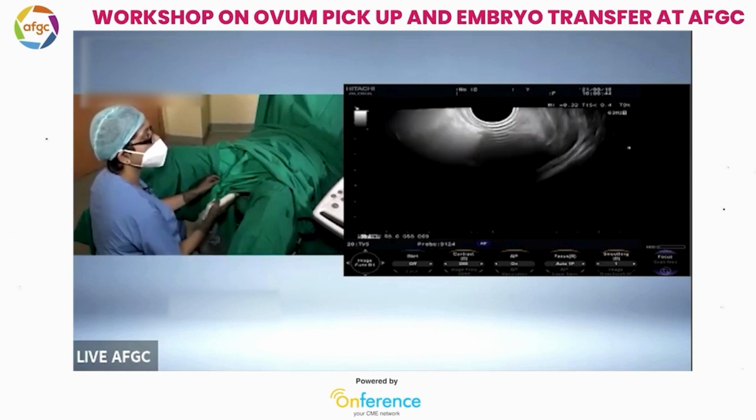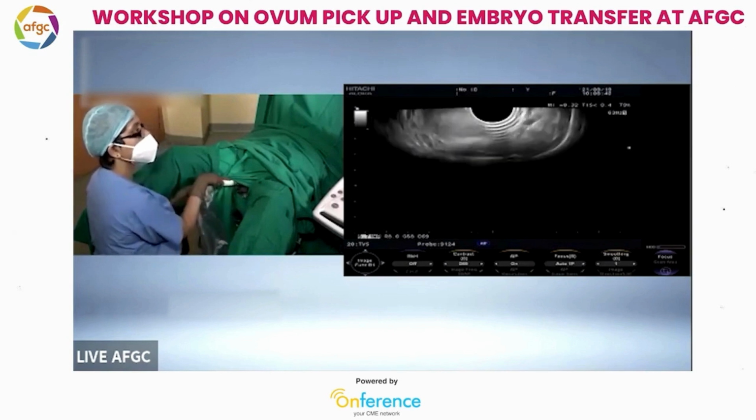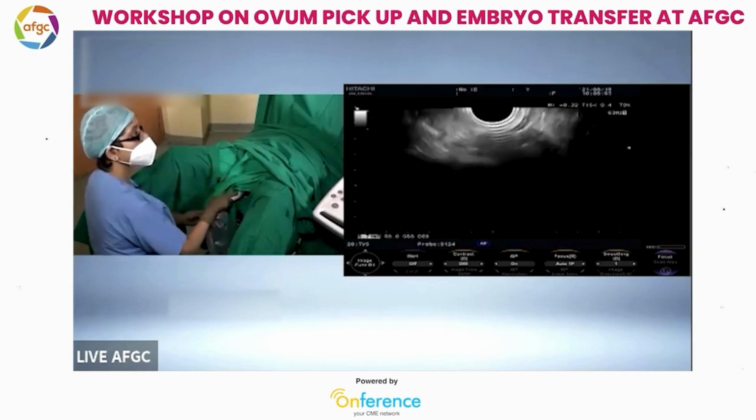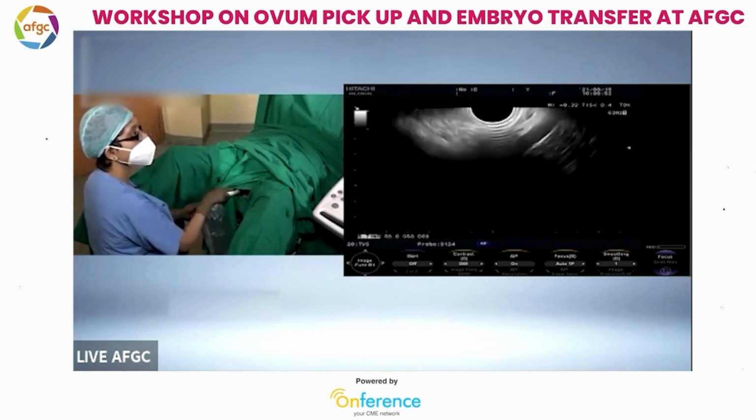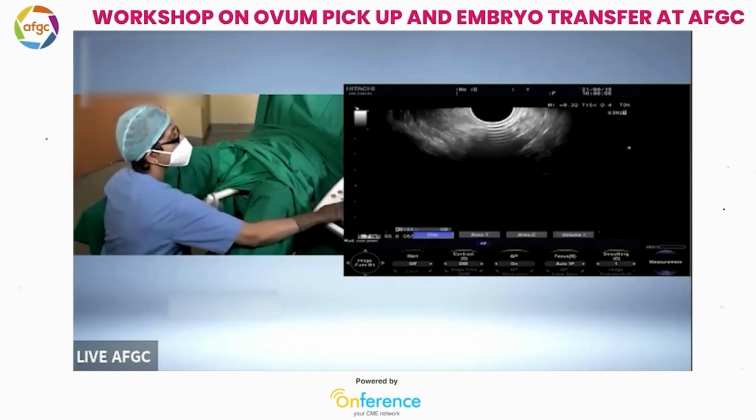And when we do the ovum pickup, being able to identify the iliac vessel is very important. Most people would put in Doppler to check. So it is there, if you can see at the top of the screen.